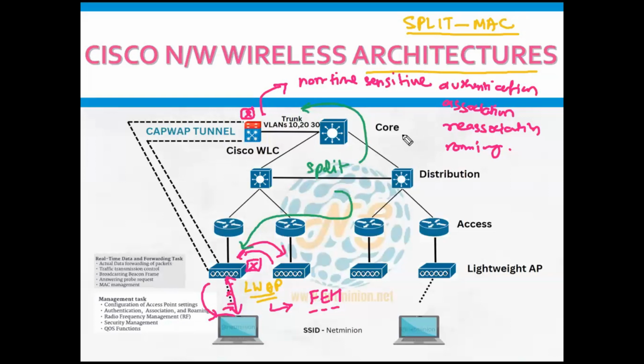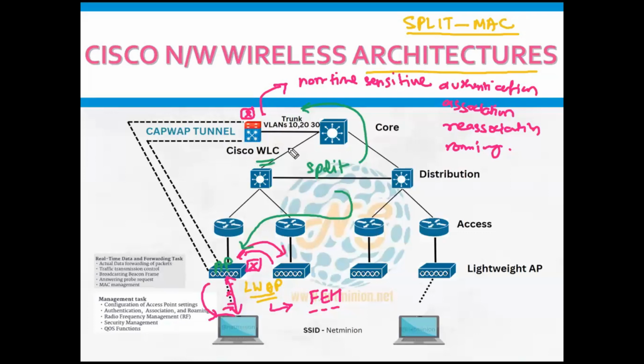All the functions are split down. The AP has picked a couple of the functions and the WLC has picked up a couple of the functions. So your LWAP, when you are using lightweight access point mode, depends upon the WLC for the management tasks.